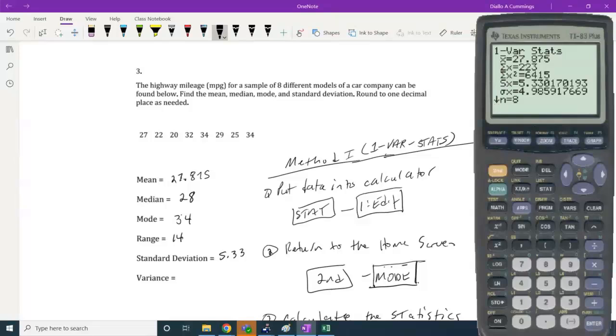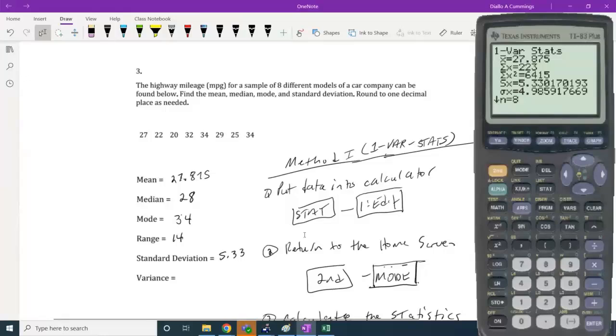Well, it's going to ask you. This one didn't ask, but since we have a sample of numbers, it would be a sample standard deviation. Now, we're going to see a problem in a second. It asks for the population standard deviation. I just want to point out that these two are totally different. This is for a sample or a statistic, and this is for a population. That's a parameter.